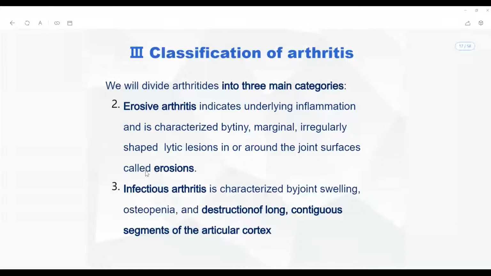Then infectious arthritis is characterized by gross changes of inflammation, particularly joint swelling and osteopenia, which shows up as destruction of the long and continuous segments of the articular cortex, and is also associated with an increase in the titer values of ASO antibodies.